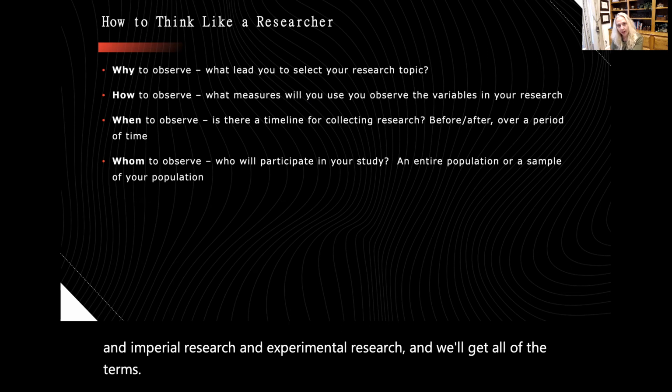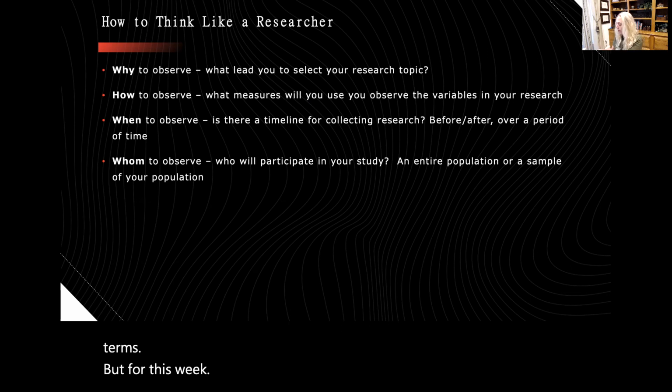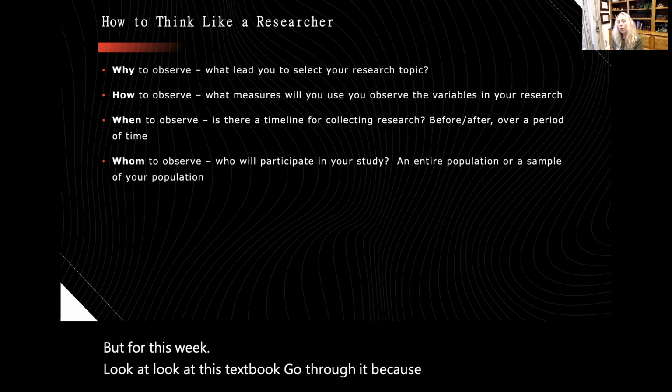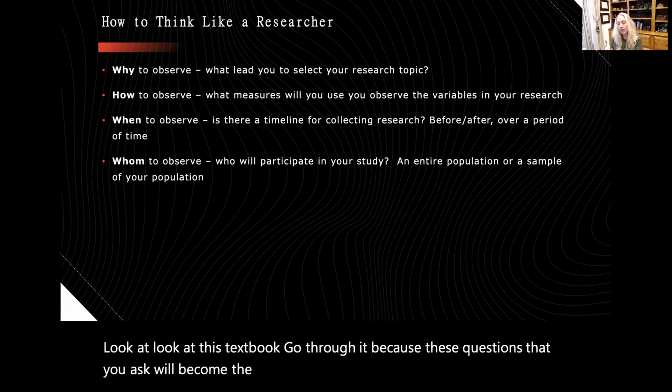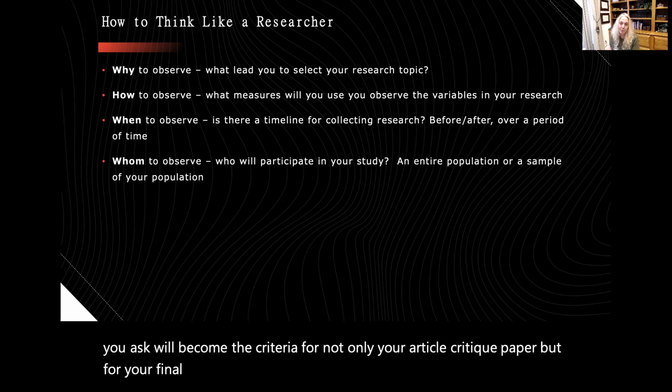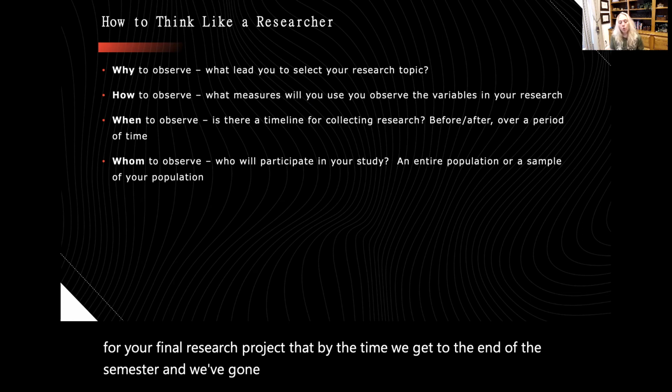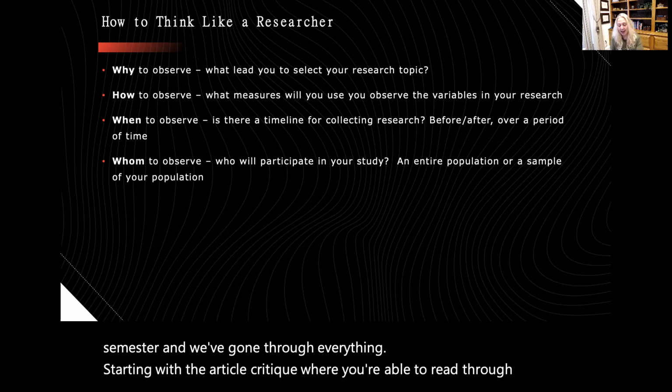But for this week, look at this textbook, go through it, because these questions that you ask will become the criteria for not only your article critique paper, but for your final research project. By the time we get to the end of the semester and we've gone through everything, starting with the article critique, you're able to read through an article and ask some of these questions.